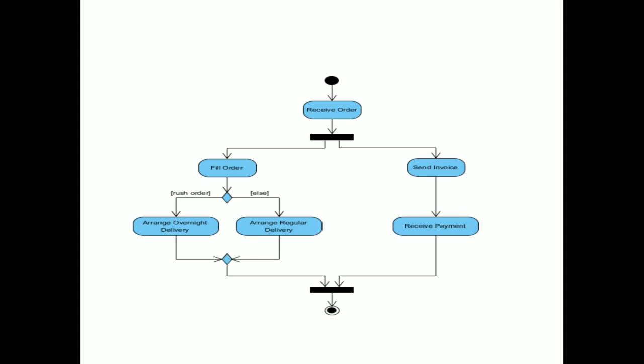Then here is the joining diamond, and from receive payment again to the join, and finally the end is there. So this is all about our swimlane diagram.